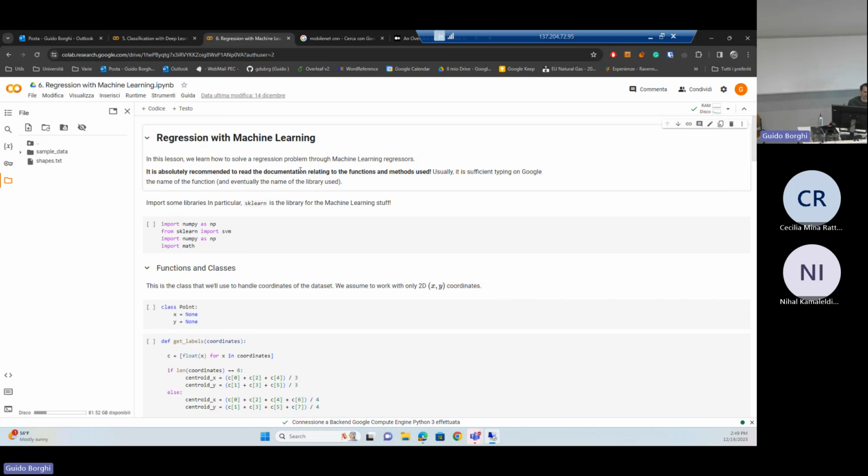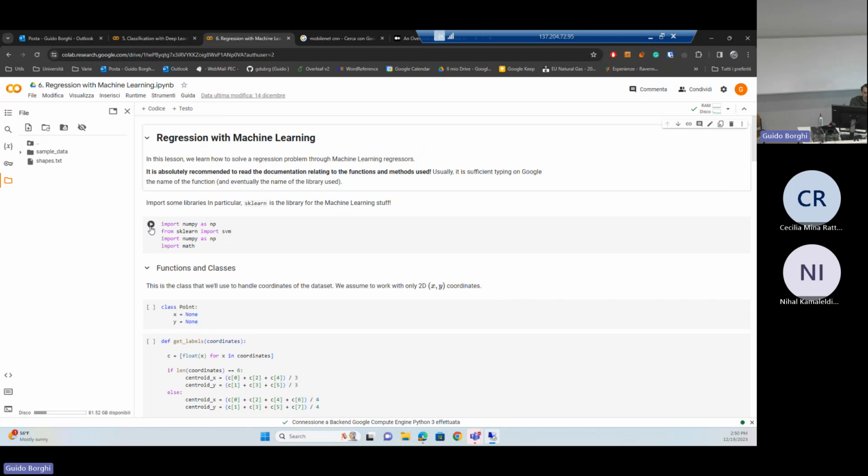So the output is not a class like rectangle, rhombus, square, or triangle, but is represented by two continuous values, the x and y coordinates of the barycenter of the input geometric shape. So we have a regression task with two values in output.